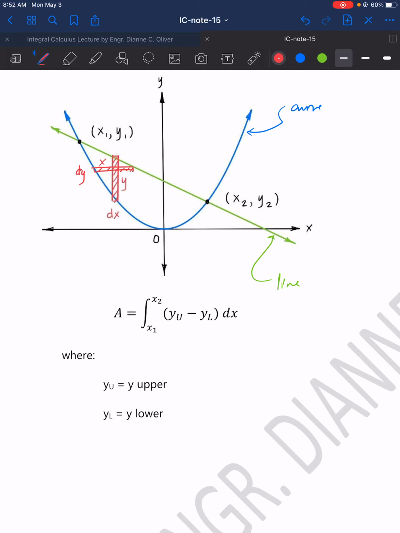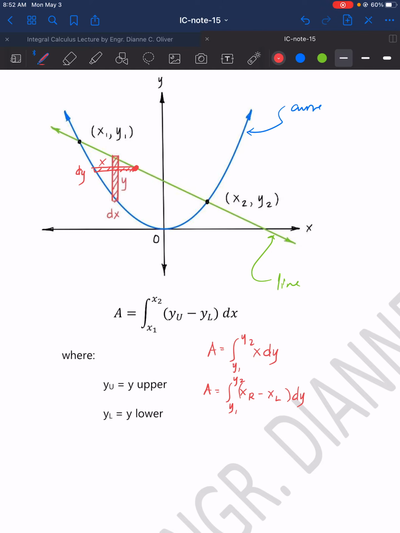Area is equal to integral of x dy, with the limits y1 to y2. Since it's touching the line and the curve, the area is the integral of x right minus x left dy, from y1 to y2. So that's the formula.